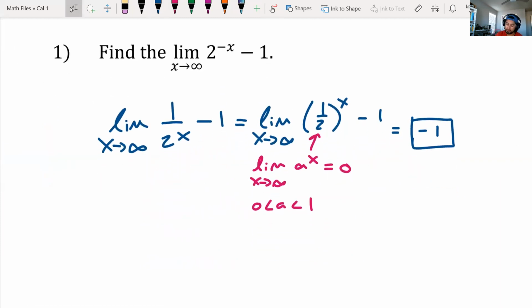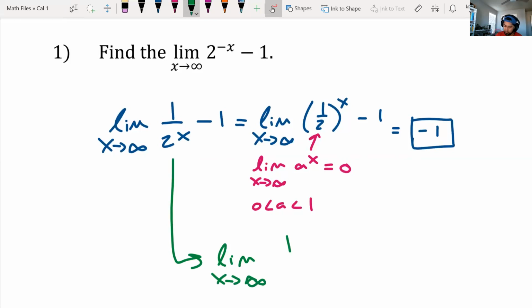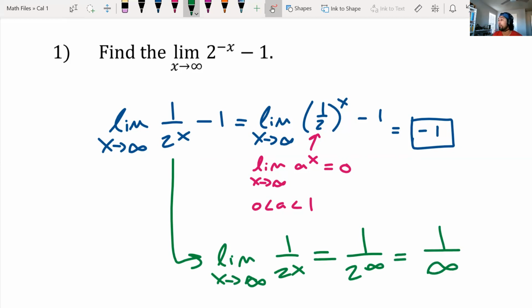Another way to look at this limit as well is just to look at the denominator. So if I said the limit as x approaches infinity of 1 over 2 to the x, that becomes 1 over 2 to the infinite power, which is just 1 over infinity.